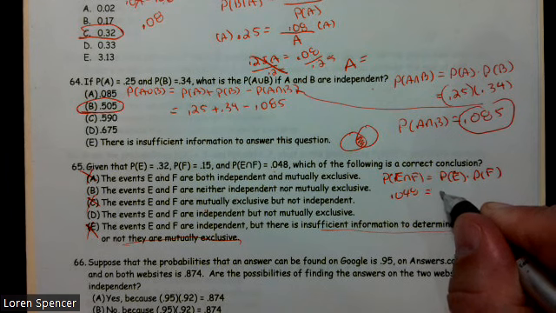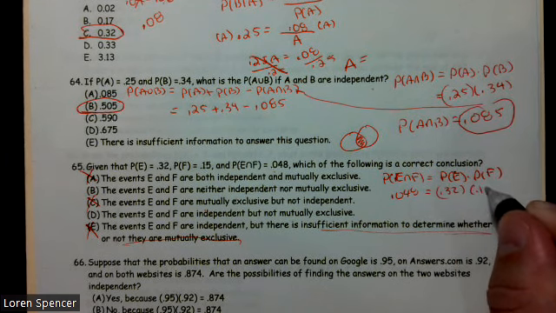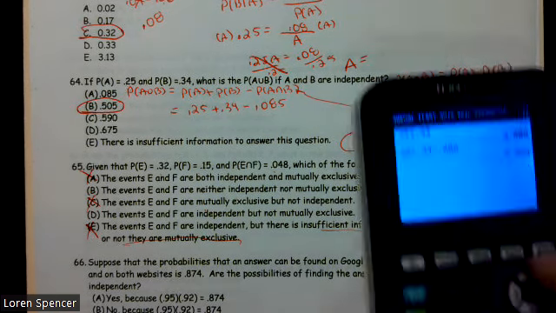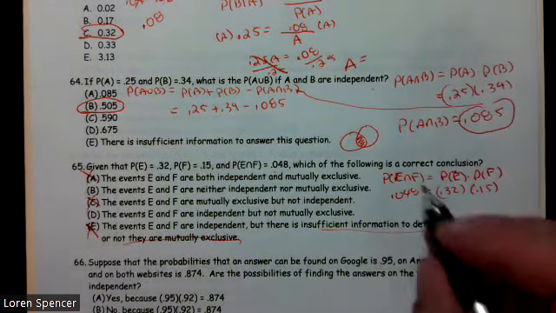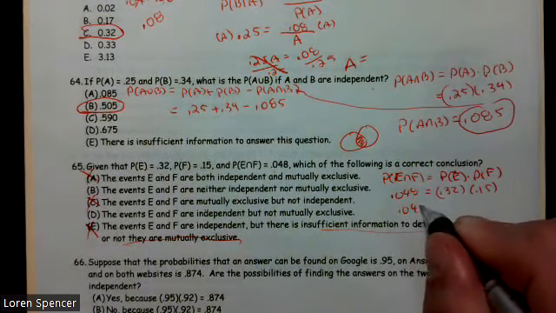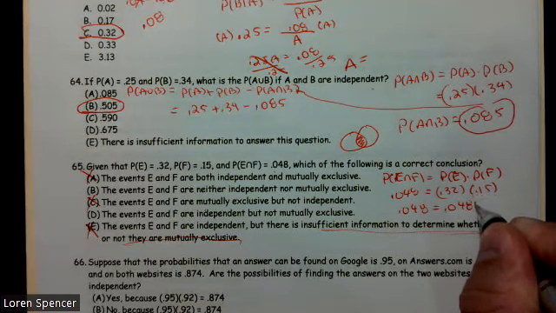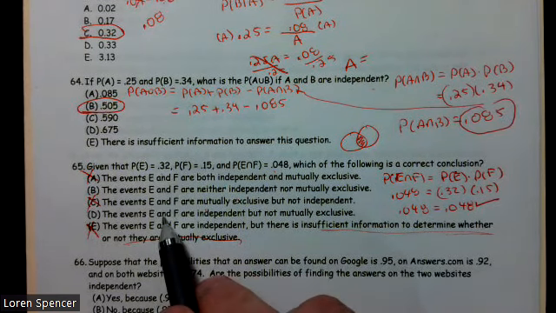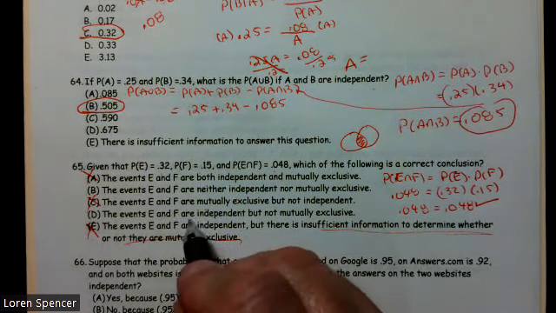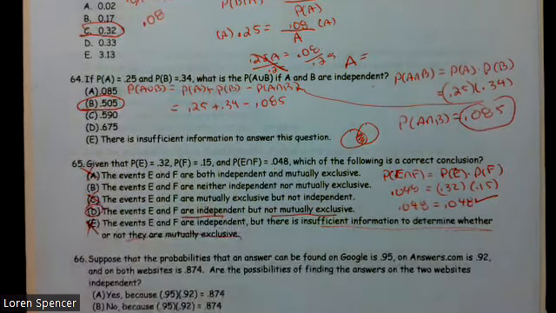Does that equal 0.32 times 0.15? 0.32 times 0.15, oh, that's 0.048. Because it equals the intersection, they are independent. All right. So the events are independent, but not mutually exclusive because there's an overlap.